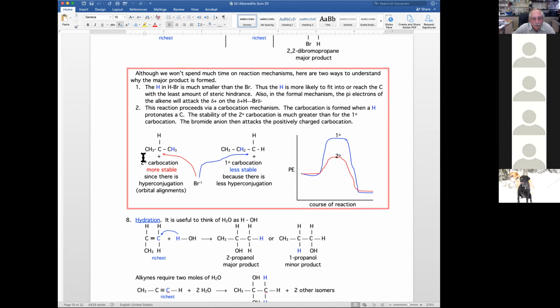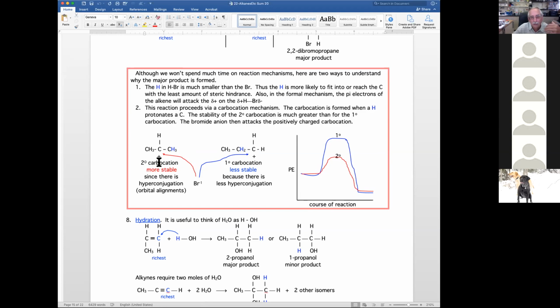So why am I saying that this is a secondary carbocation? With a positive charge right there, that carbon has 1, 2 other carbons bonded to it. This one over here has only 1 carbon bonded to it. Now the predominant feature on a carbocation is that full positive charge. What can I do to reduce the magnitude of that full charge?